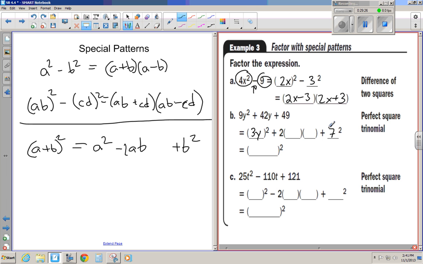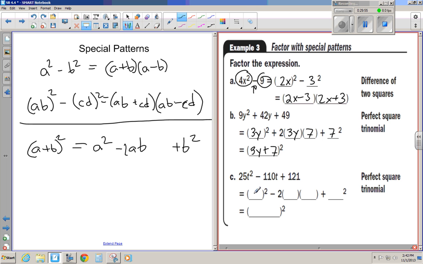So all you're doing is you're taking this part, 7, 3y ends up being 42y. So you should like the fact that this becomes 3y plus 7, squared.